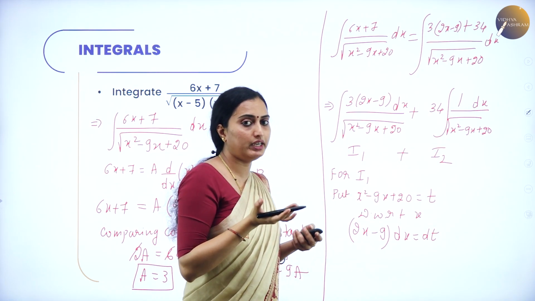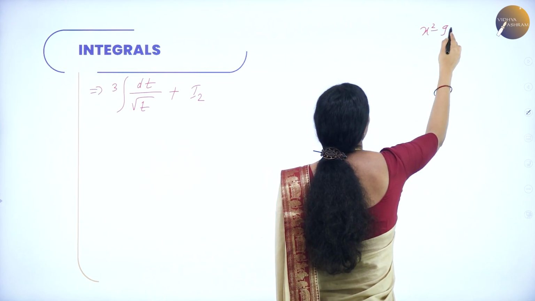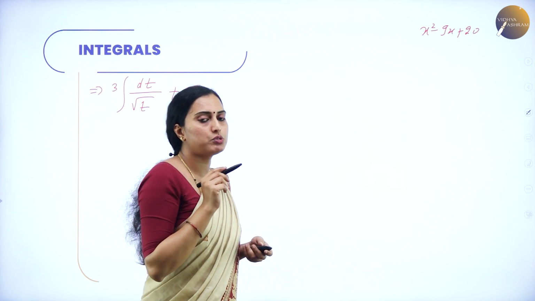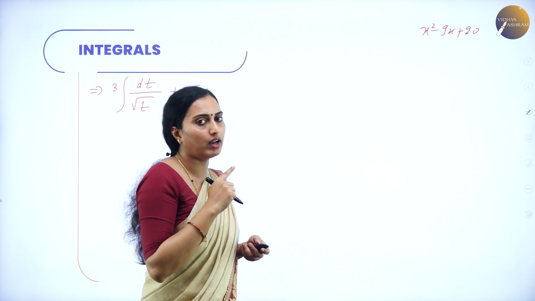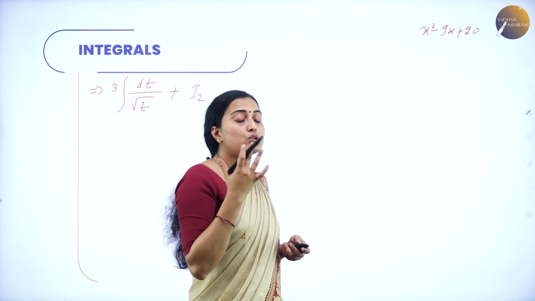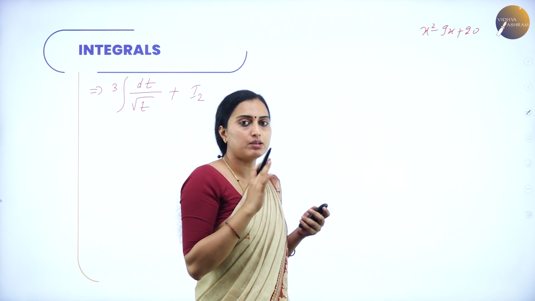I2 is not in the form of the completing the square method, so reducing accordingly, x squared minus 9x plus 20. Now see that the coefficient of x squared must be equal to 1. Yes, it is 1. Now the coefficient of x is 9, so half of that is 9 by 2, squaring, adding and subtracting.